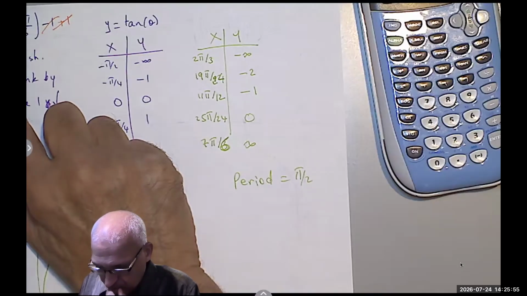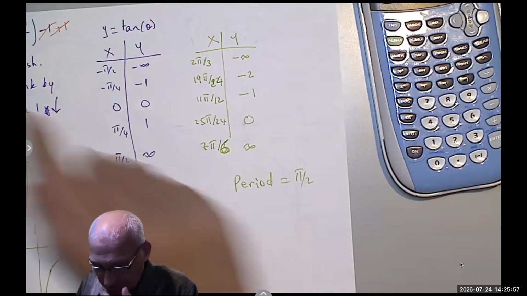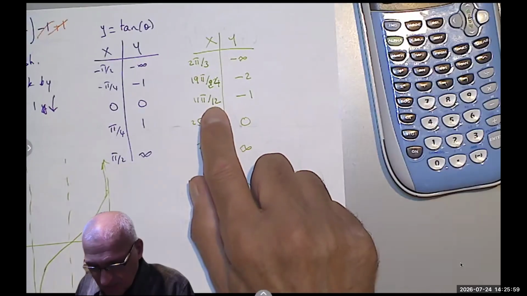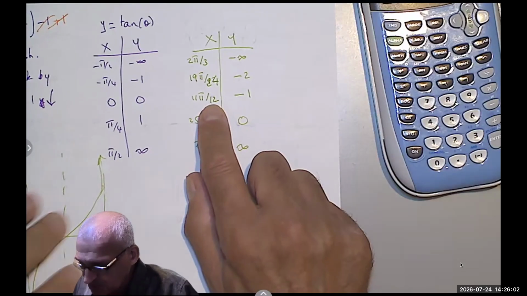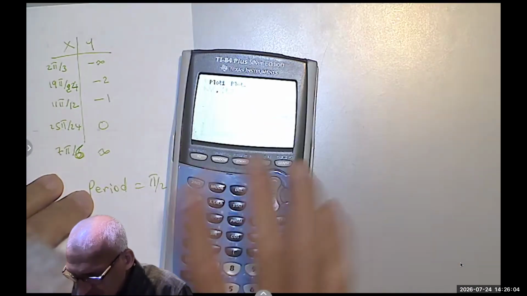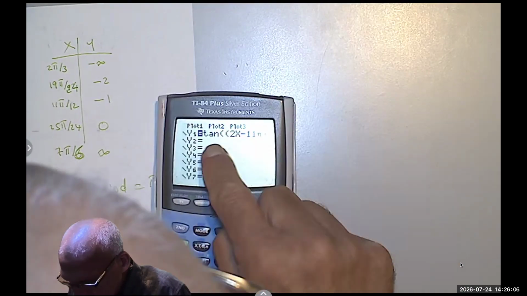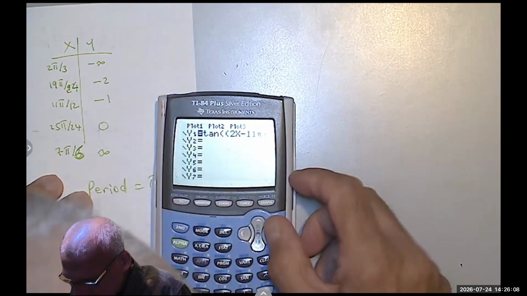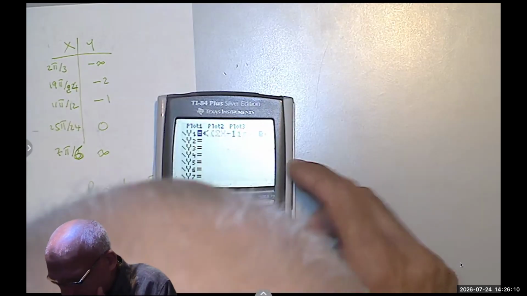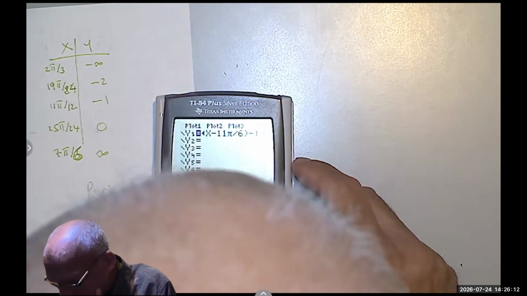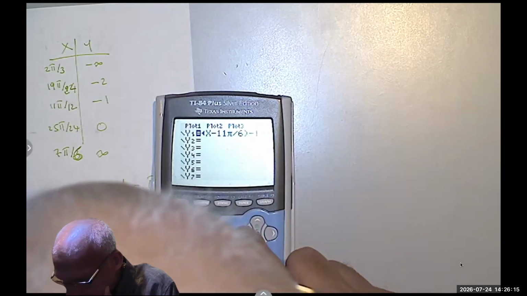We added 11 pi over 6 and divided by 2. 2x. Oh, no. No, but it's not a big deal.